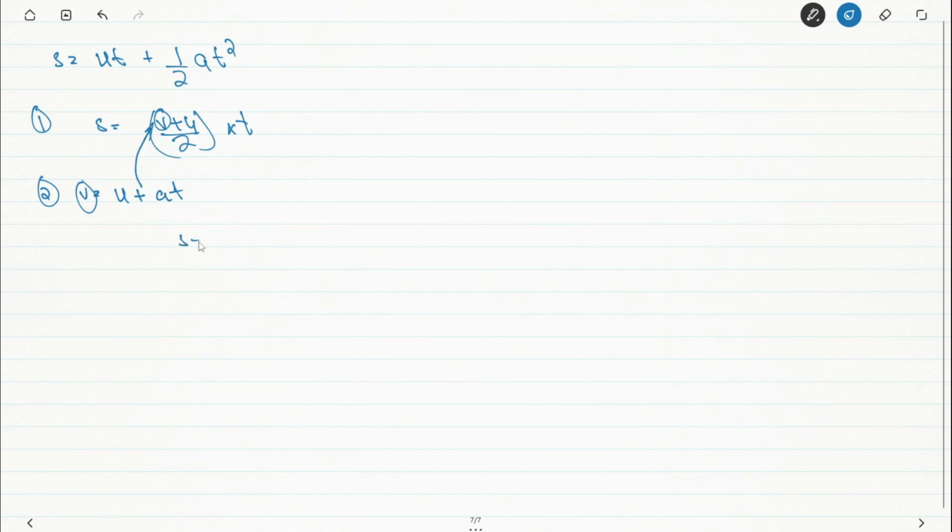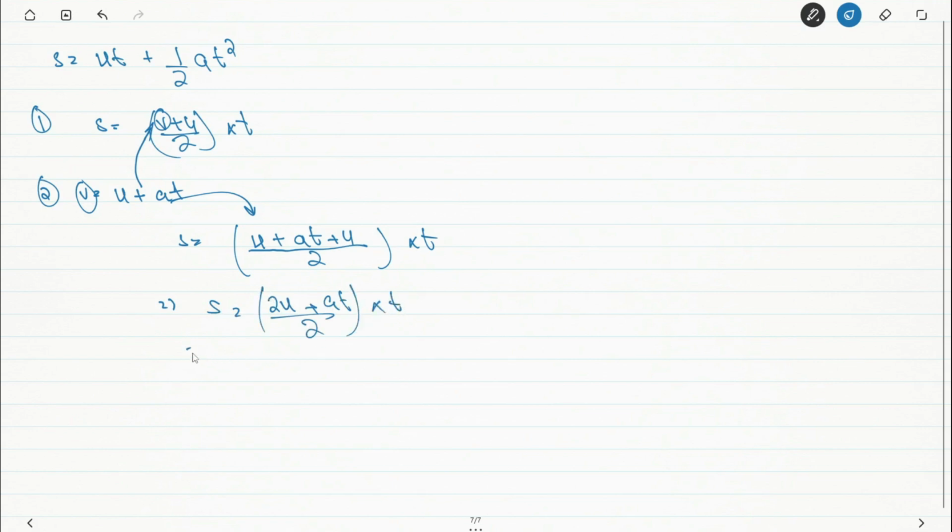So this becomes s is equal to u plus at, which was the value of v, plus another u which was already there, over 2, multiplied by t. This is 2u plus at divided by 2, multiplied by t.